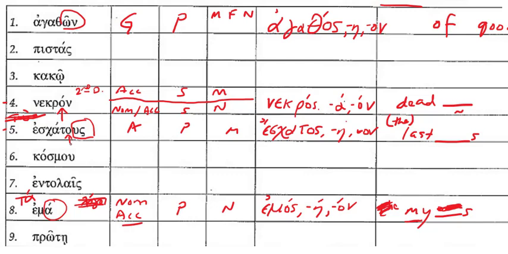If this were the subject, though, the last shall be first, how would I say this? It would be hoi, nominative plural, eschatoi, right? I need a nominative plural form. Hoi eschatoi.